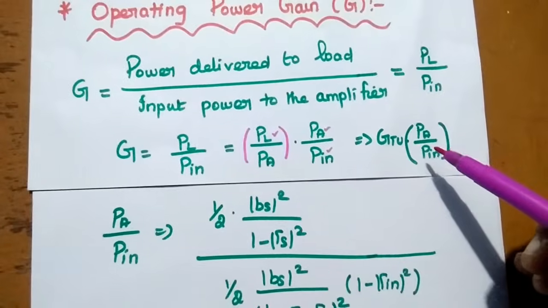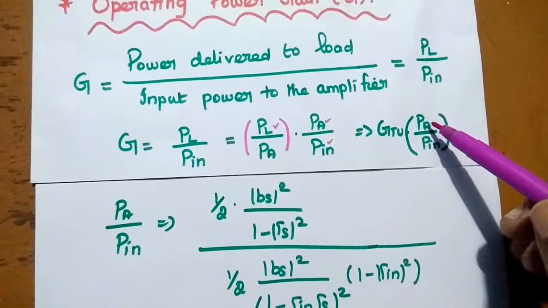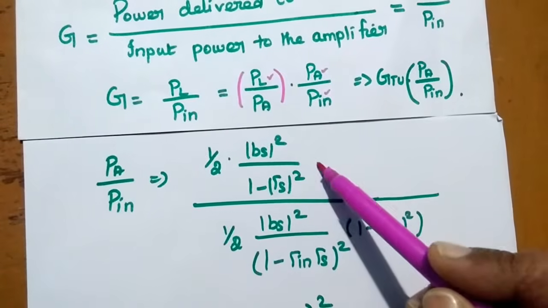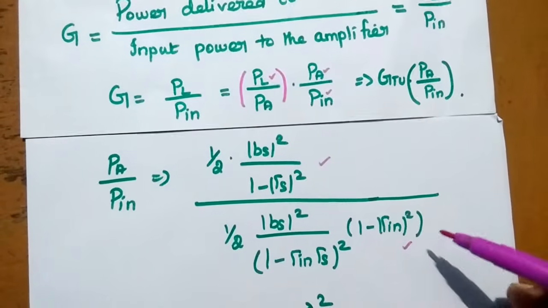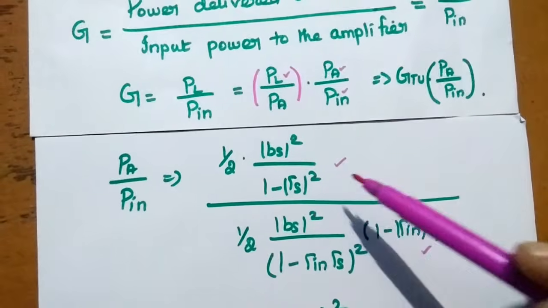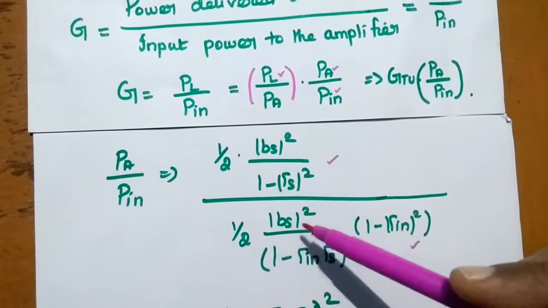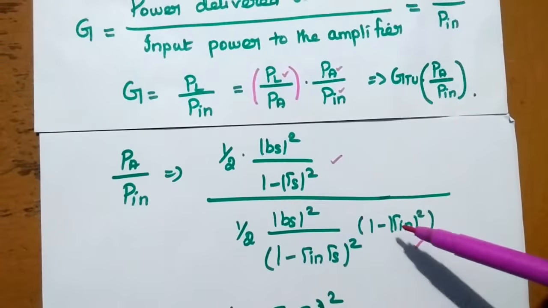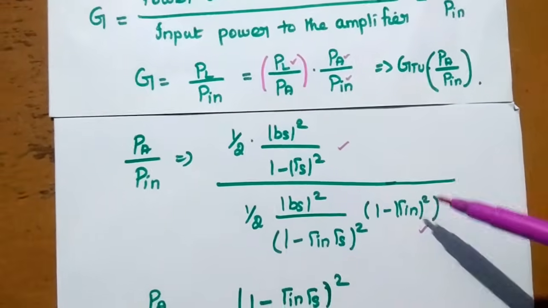Next we are going to find out the available power to input power. For that we have to substitute the values of available power and input power here. So (1/2)|Bs|²/(1 − |ΓS|²) divided by (1/2)|Bs|²|1 − Γin ΓS|² / ((1 − |ΓS|²)... ) into (1 − |Γin|²).